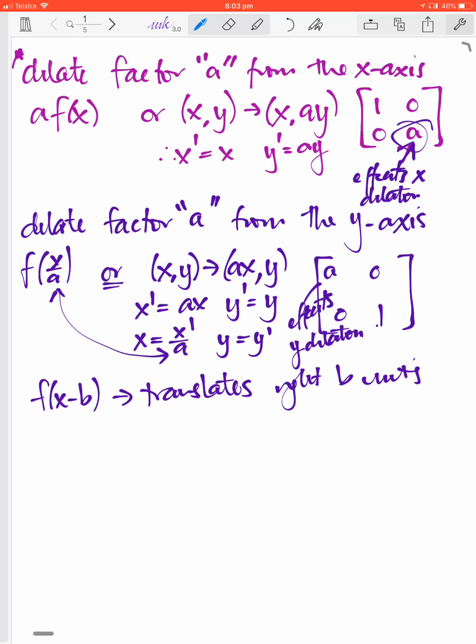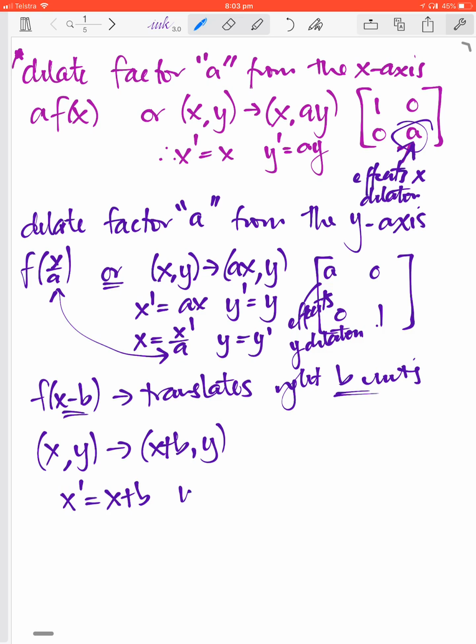If we think about it in terms of image equations, (x, y), if I want to move all my x values to the right by b units, I become x plus b, because it moves every x value b units to the right, and y stays the same. Therefore, x dash is equal to x plus b, y dash is equal to y. From here, if we transpose it, we get x equals x dash minus b, y equals y dash.